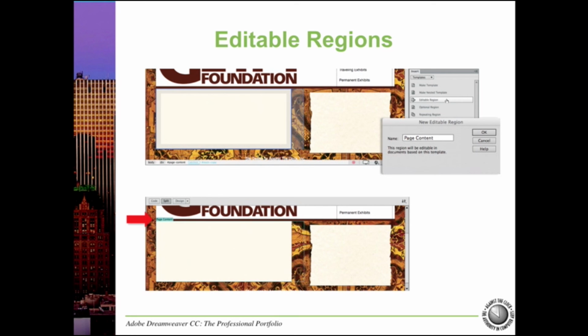When you go to the Insert panel, you want to select Templates and then click on the Editable region, and then you can select which regions you want to be editable or changeable. You can define a name for the region, and then you can add it to the template at the location where your cursor is. Remember, you don't have to use Save As to save the template, but you can go directly to just File, Save.